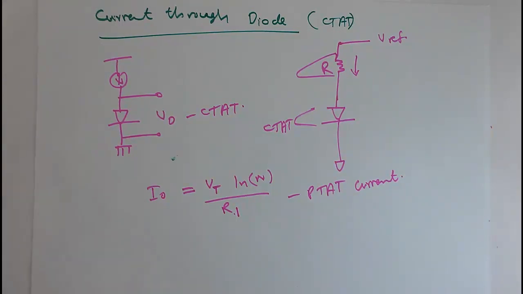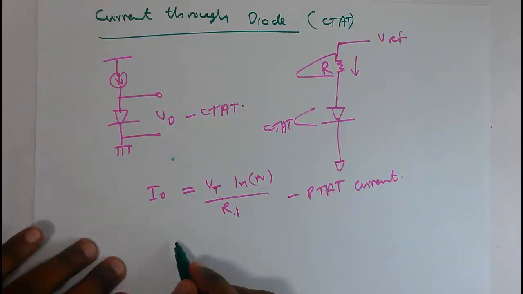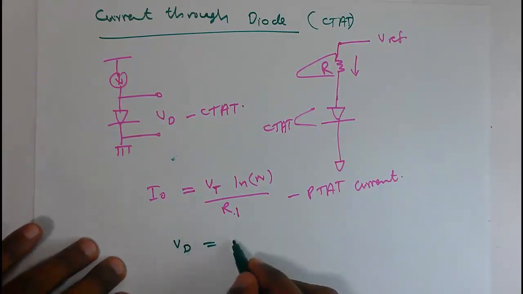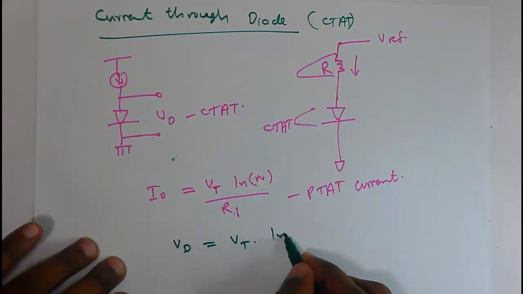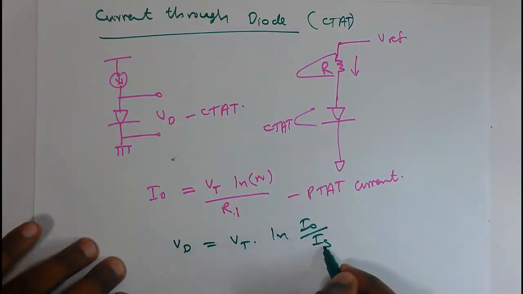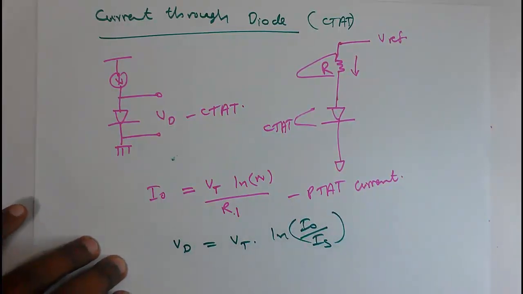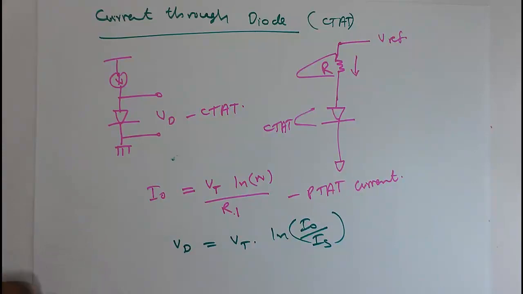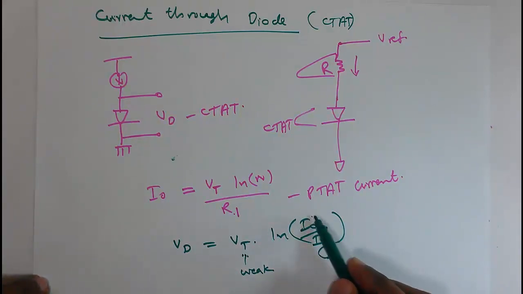So we set the voltage across the diode Vd. We said it is Vt into ln(I0 by Is). This is where we started the discussion, and we said Vt is PTAT, but it is very weak, and I0 was constant.